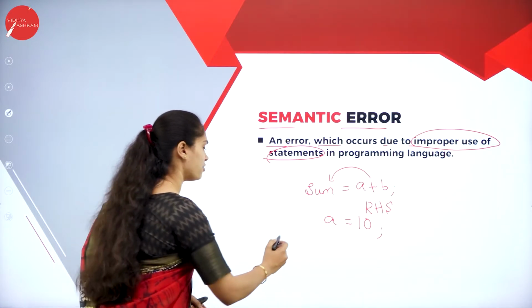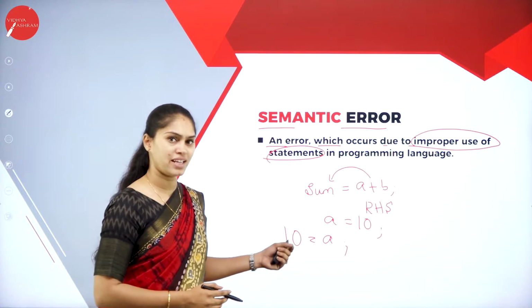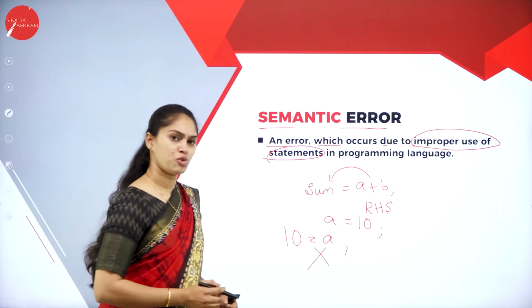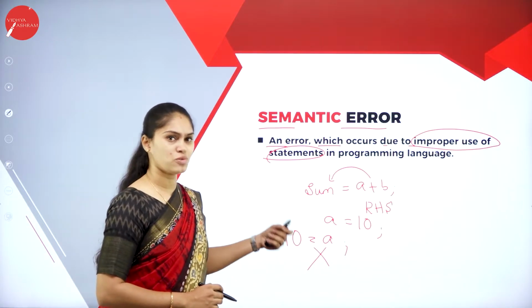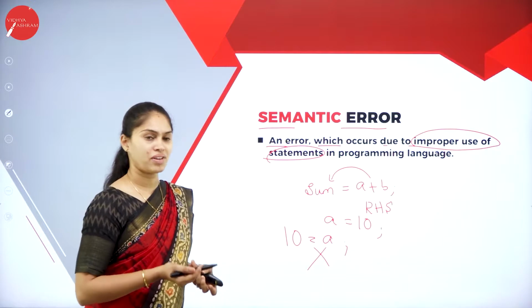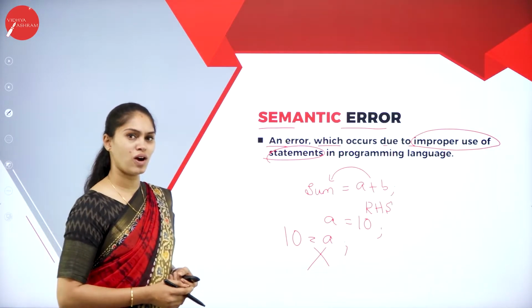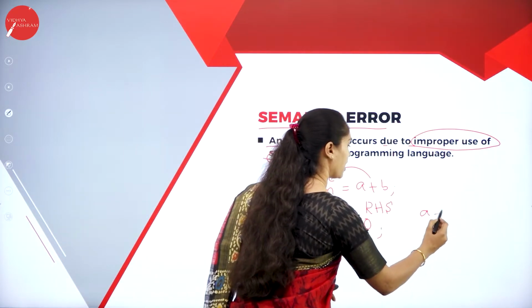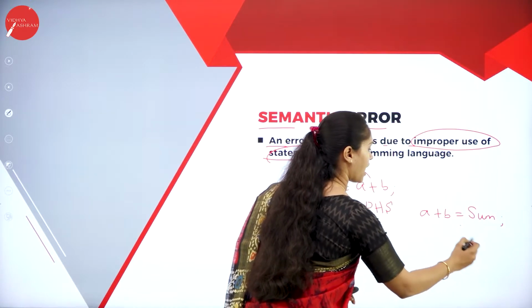Instead of that, if I write 10 is equal to a, is it a proper usage of the statement? No, it is a wrong usage. When we use a statement wrongly, we end up with semantic errors. Likewise, if someone writes a plus b is equal to sum, it is a wrong assignment.